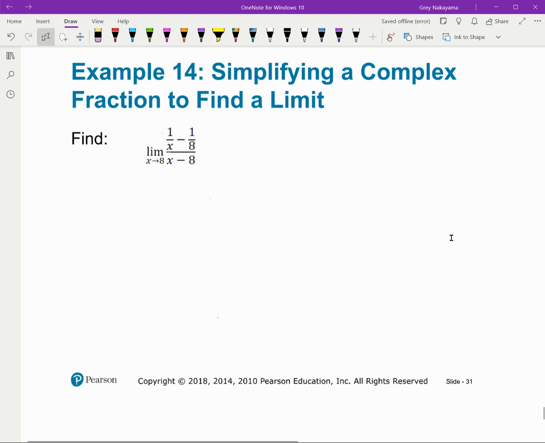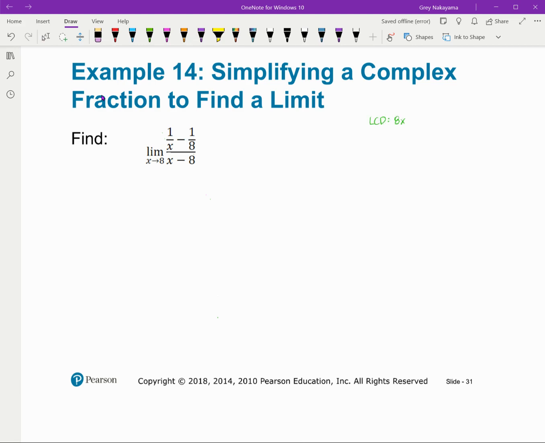All right, this is the last one, and this one still has this problem of plugging in and getting 0 on the bottom if I plug in 8. Whenever you have a fraction, you always think about that. And this time, I just have to simplify my complex fraction, which again, we did way back in chapter P. The easiest way to do it is to multiply by the least common denominator, which in this case is 8x.